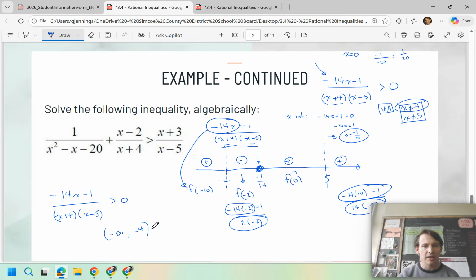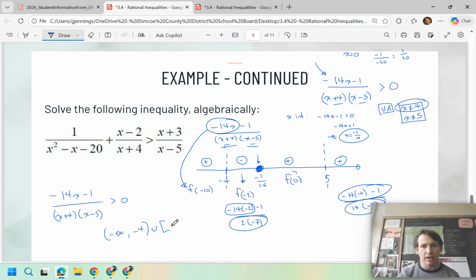So it can't be that. Union with minus 4, no, not minus 4 because we're negative in there. So we have inclusive starting at our intercept between there and 5.